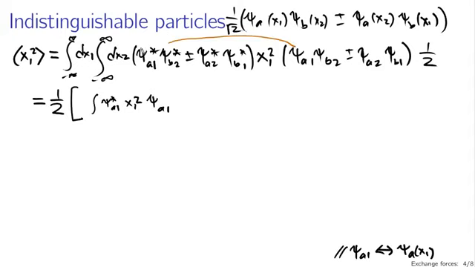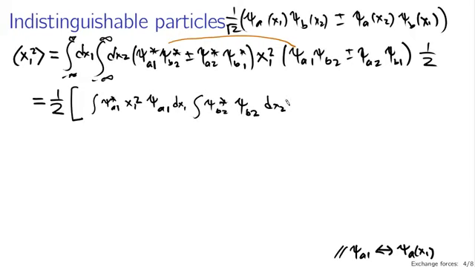So I've got a psi A1 star and a psi A1 and an x1. Those are my terms that depend on x1. Likewise, this is now the integral dx1. The integral dx2 looks similar. I have a psi B2 star, no x2, just x1, which doesn't depend on x2, so it's come out of this integral, psi B2 dx2.